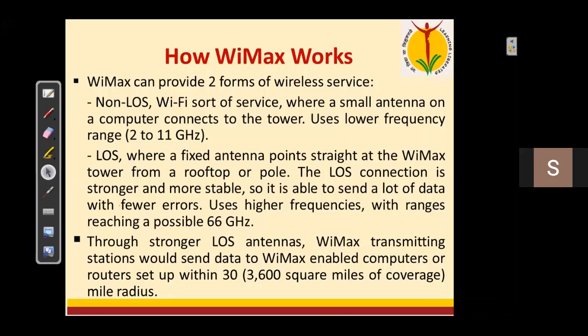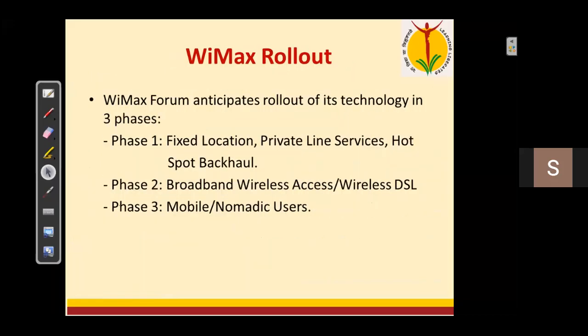We can accommodate more subscribers in line of sight because the signal strength is very strong, but the radius is restricted to 30 miles for the antenna which radiates in the omni direction.